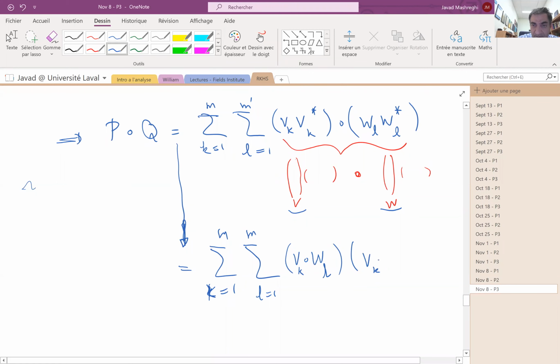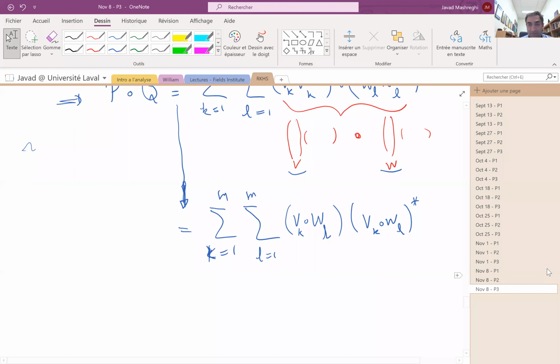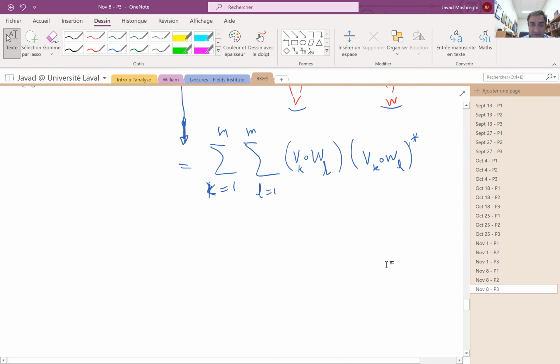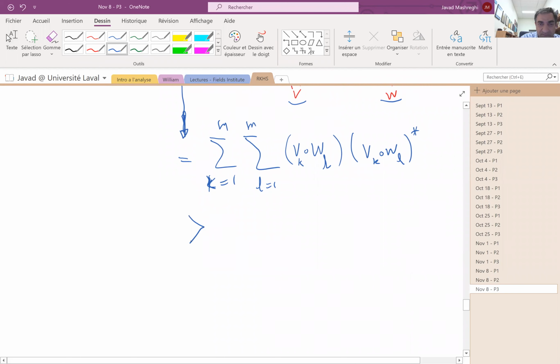Then V_k rond W_l star. And then we are done, because you have a vector here multiplied by its transpose. It's something positive. A sum of positive things is positive. So this immediately implies the first part because every term is positive.